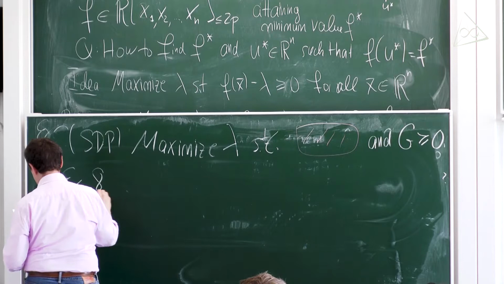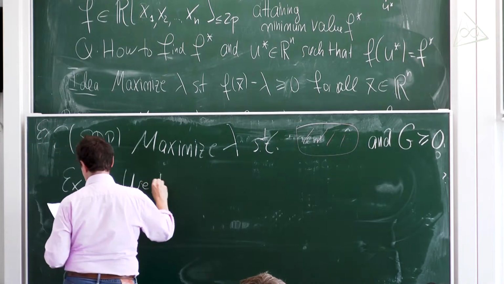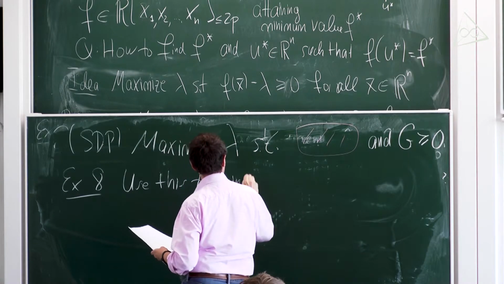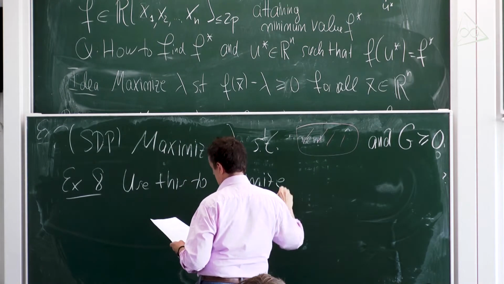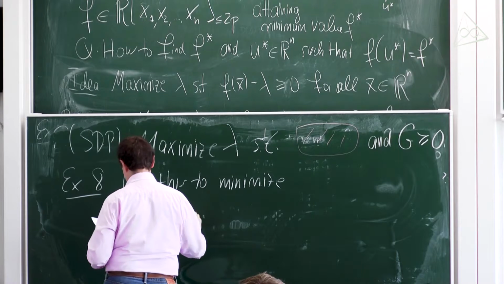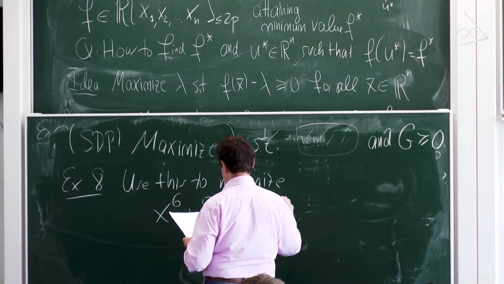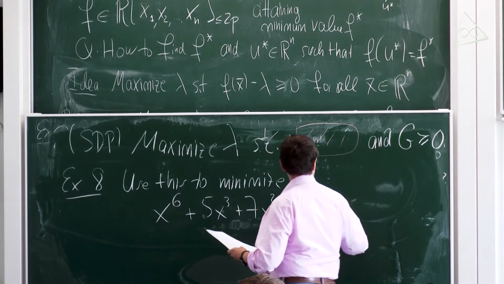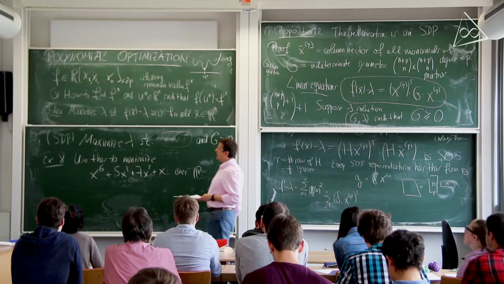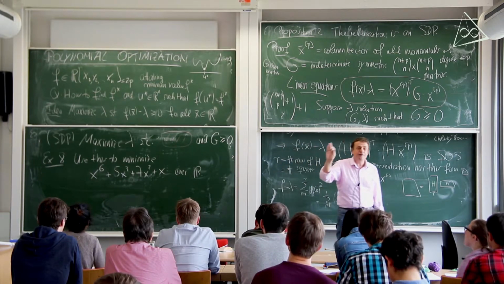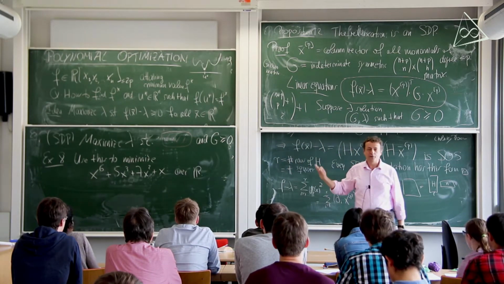Okay, so exercise 8: use this to actually minimize a polynomial. Minimize x to the 6th plus 5x cubed plus 7x squared plus x over all real numbers. So you have this optimization problem, and you forgot calculus. You forgot how to take the derivative of this polynomial.